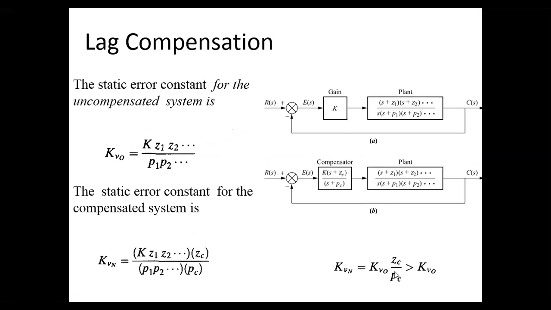This equation shows that the improvement in the compensated system's static error constant over the uncompensated system is equal to the ratio of the magnitude of the compensator zero to the compensator pole. In conclusion, although the ideal compensator drives the steady state error to 0, a lag compensator with a pole that is not at the origin will improve the static error constant by a factor equal to the zero of the compensator divided by the pole of the compensator.